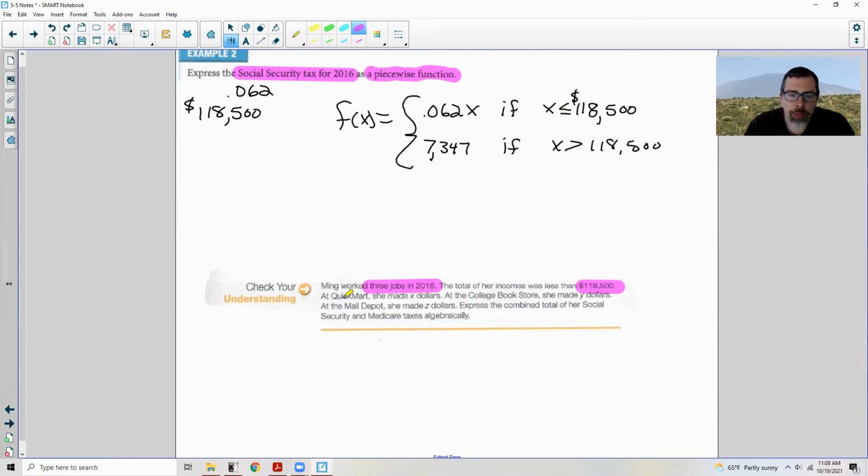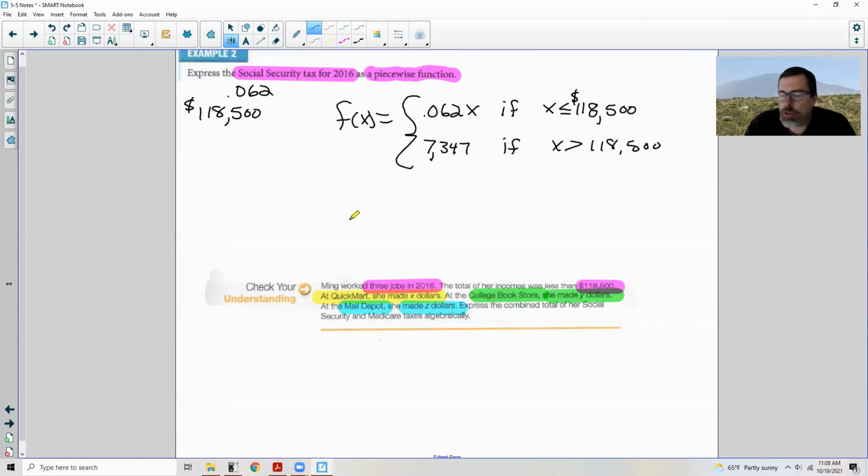She worked at Quick Mart and made X dollars. She worked at the college bookstore and made Y dollars. And she worked at the Mail Depot and she made Z dollars. It says to express the combined total of her Social Security and Medicare taxes algebraically.